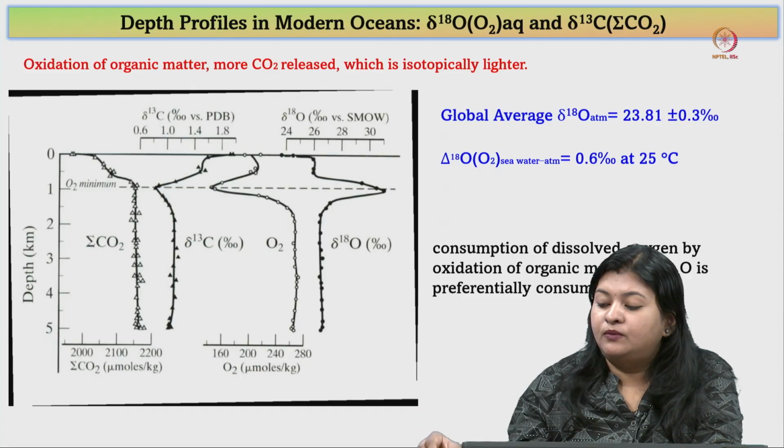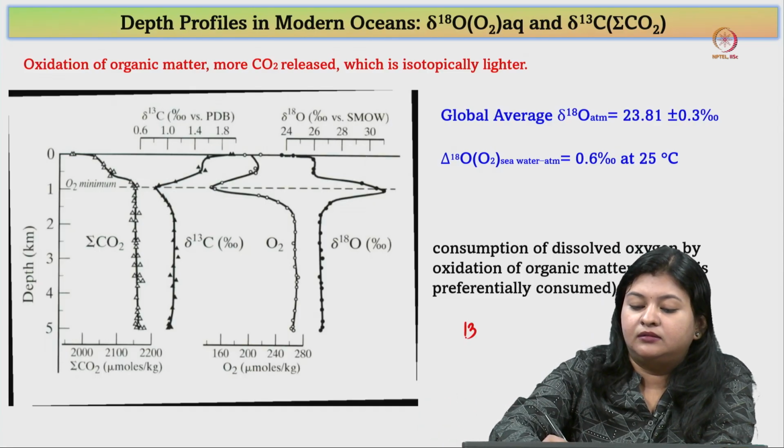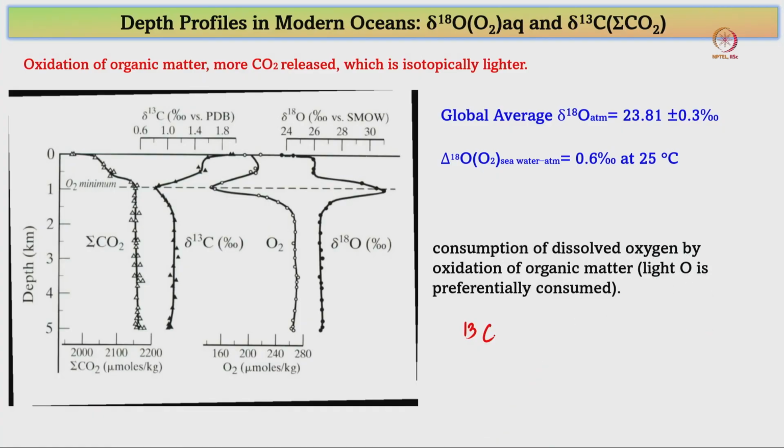Now, the thing about 13C is that there are 3 isotopes of carbon: 13C, 12C and 14C. Among them, 12C is the most abundant isotope, 13C is a little rare, and 14C is the cosmogenic nuclide, right.